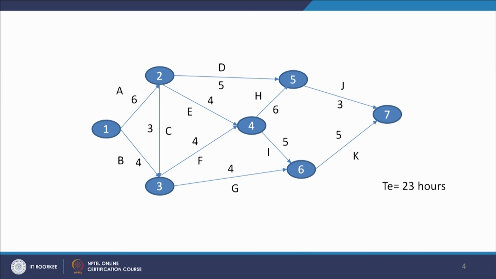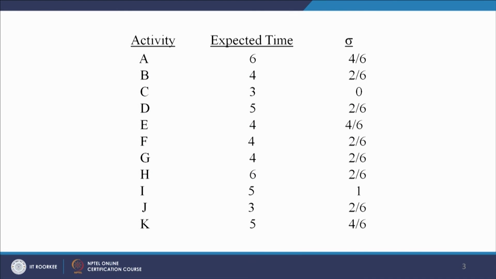What we need to do, as we have seen in case of CPM, is first see the expected time for each activity. We can calculate it by using the formula which I have already said in today's session also: (TP plus 4 times Tm plus TO) divided by 6. TO is the optimistic time, TP is the pessimistic time, Tm is the most likely time.